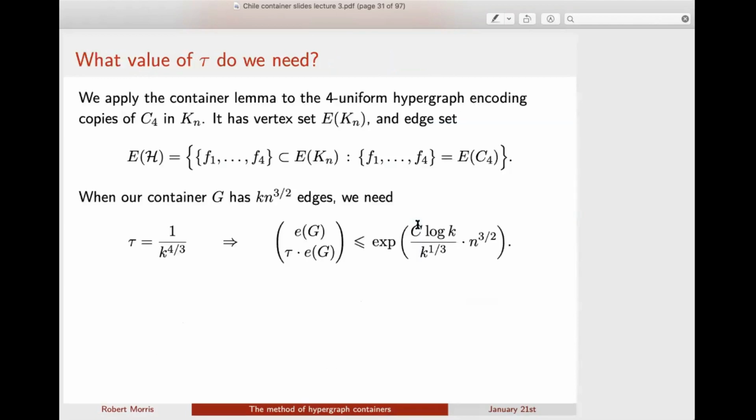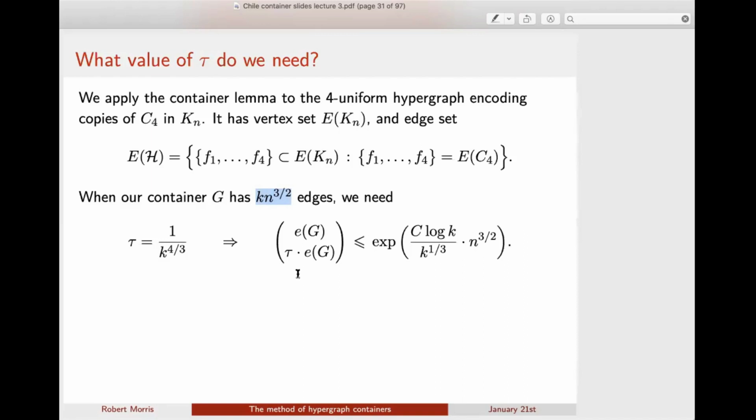So I claim the number of containers that we'll get is E of G, the number of vertices in the hypergraph, choose tau times E of G. And if tau is 1 over k to the 4/3, well, E of G is k times n to the 3/2. So tau times this will be n to the 3/2 over k to the 1/3.